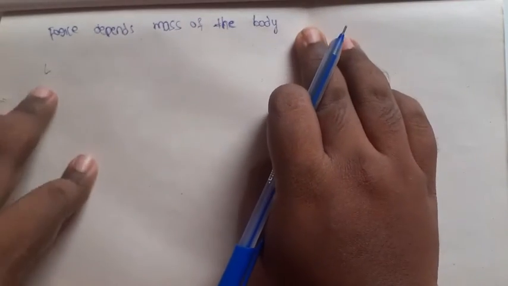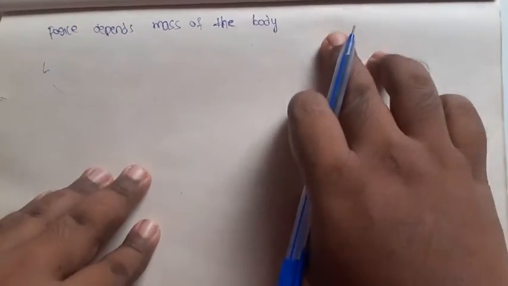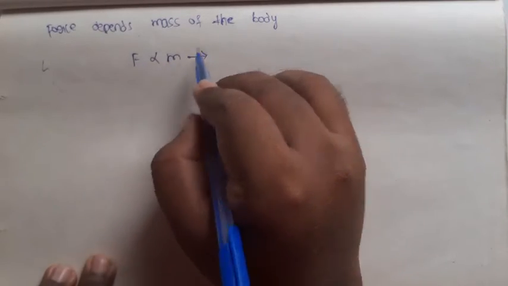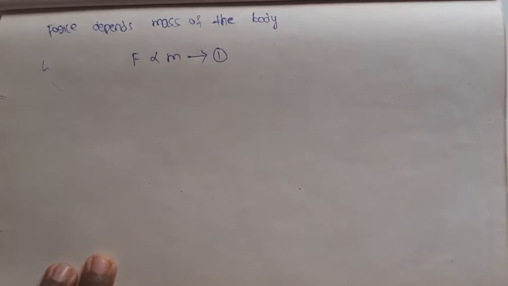Okay, so force depends on two factors. The first one is the mass of the body. So F is directly proportional to m. This is the first equation.